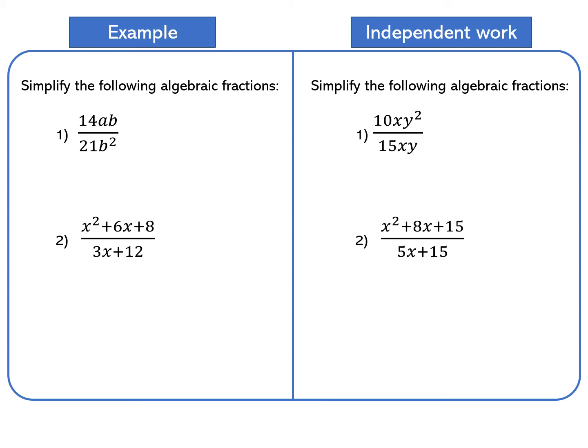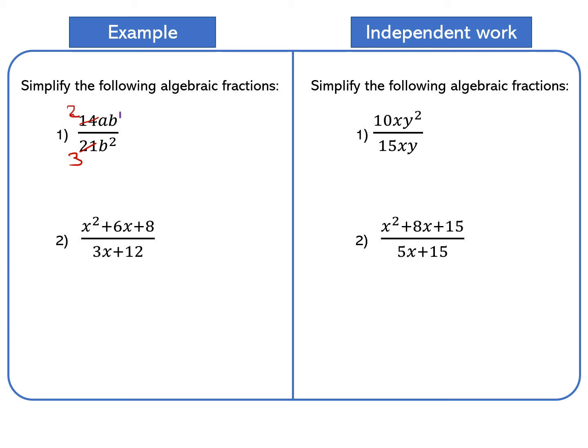Simplify the following algebraic fractions. So I'm going to start out looking at the 14 and the 21. I can note 7. So that's 2 and 3. Next, a. I can't cancel the a with anything. Last one, b. That's b to the power of 1.